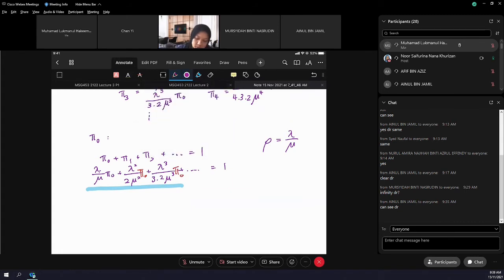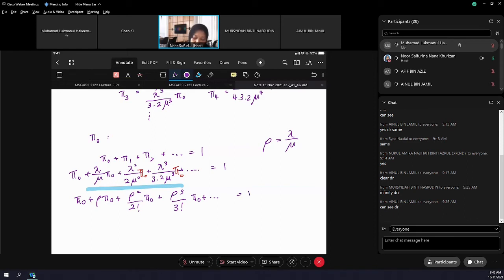So you should have pi naught plus rho pi naught plus rho square over 2 factorial, and 2 factorial is equal to 2, so we're writing it in general form, pi naught. Then you will have rho to the power of 3 over 3 factorial pi naught and so on, equals 1.